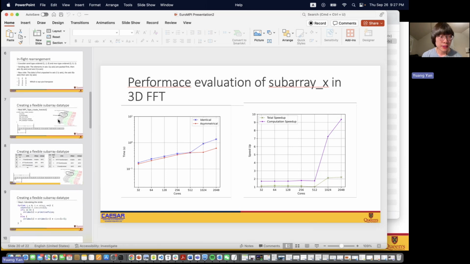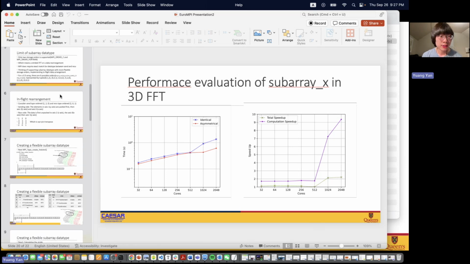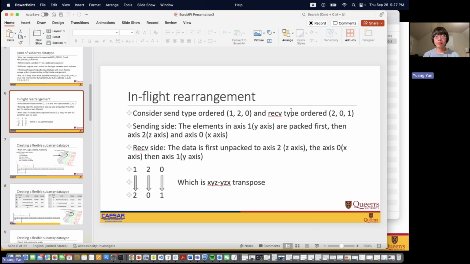Okay, let's go back to the rearrangement. Is it here for the data arrangement, how the data arrangement is done by the different sending and receiving pairs? Is here where you are interested? Yes.